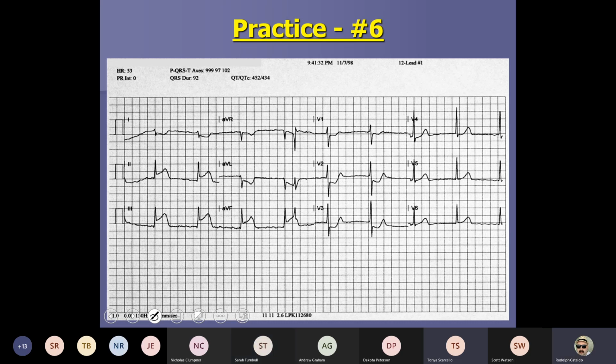All right. Call out what you see. I see elevation in 2, 3, AVF. Okay. Anywhere else?